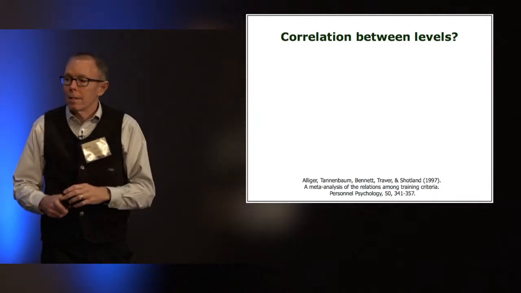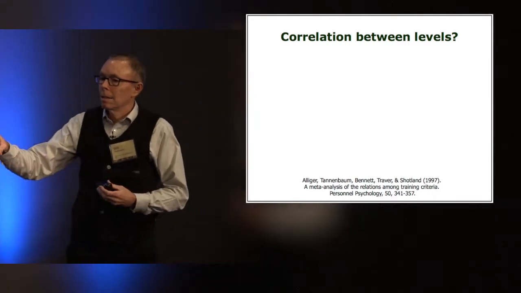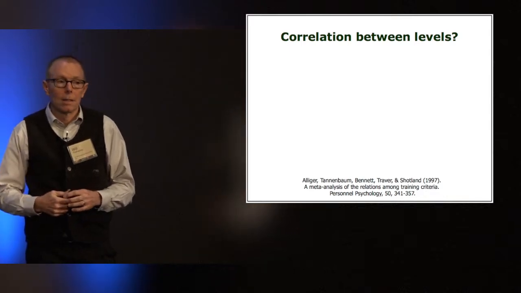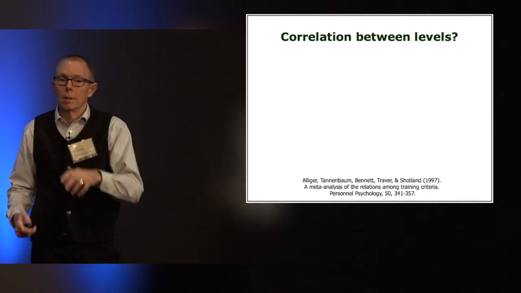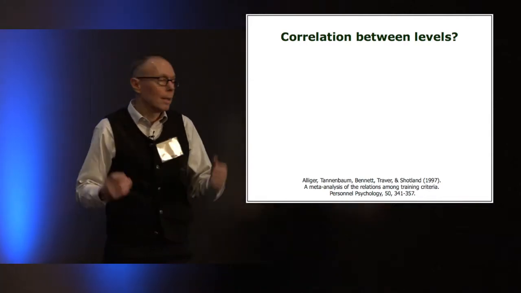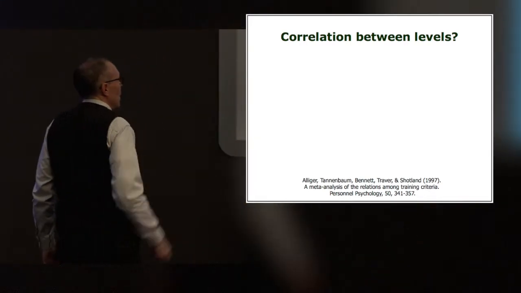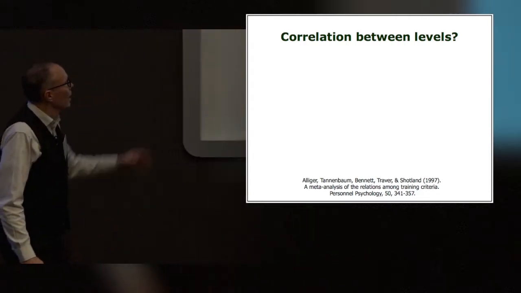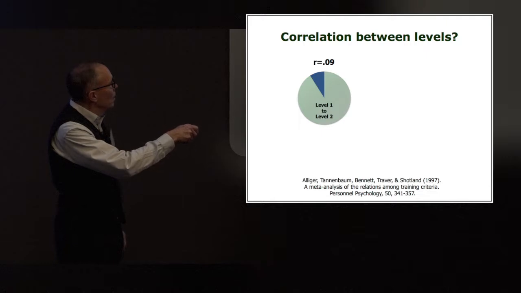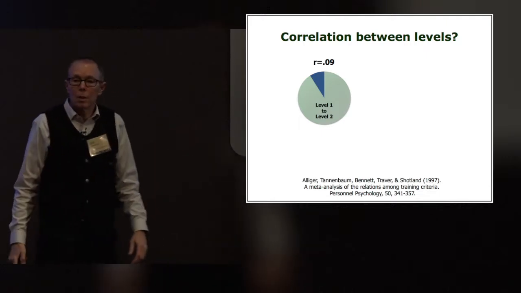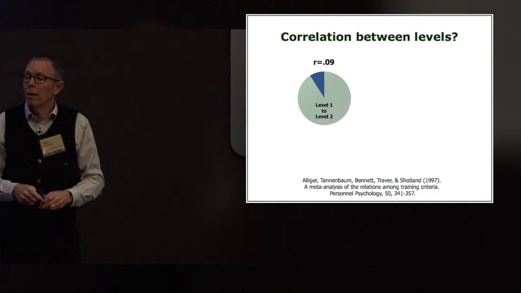So this is a meta-analysis, a scientific study of many other scientific studies on the correlation between smile sheets and learning results. Are they correlated? This one was done in the 1990s, and they looked at level 1, the learner feedback forms, the smile sheets, compared to level 2, the learning results, and they found a correlation of 0.09.